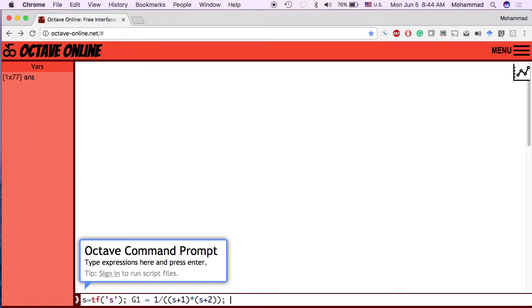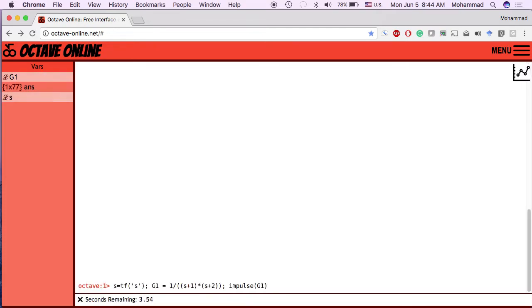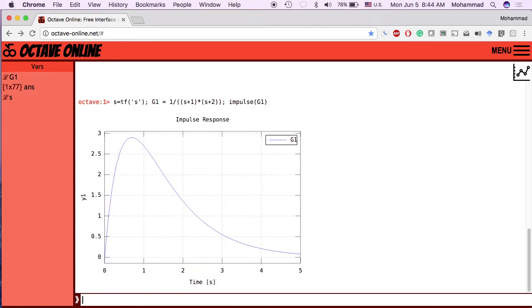Type impulse of G1 and hit enter. A sudden input to this system initially gives a rise to the output, and this gradually goes down without any oscillation.